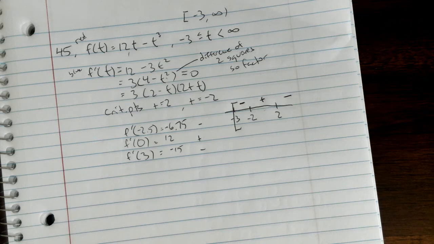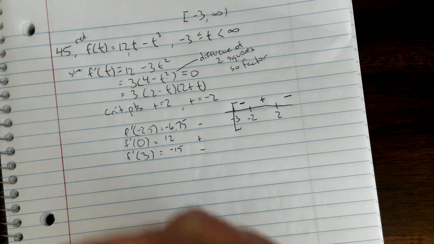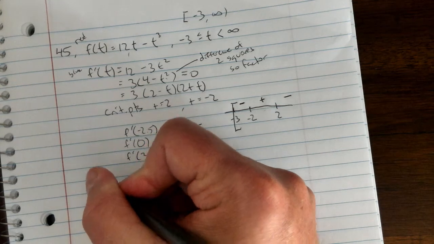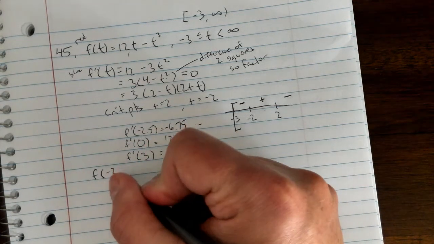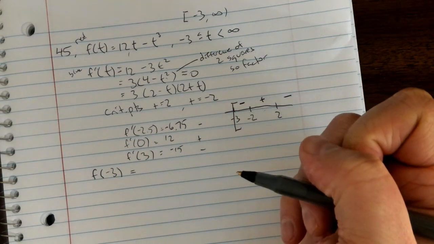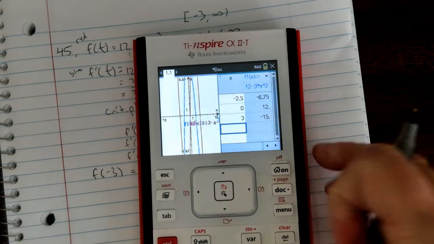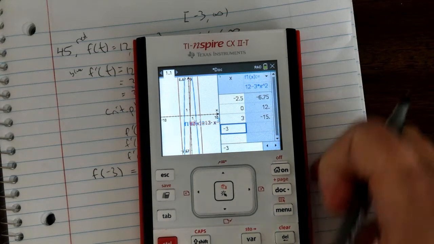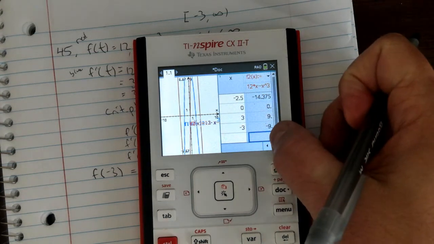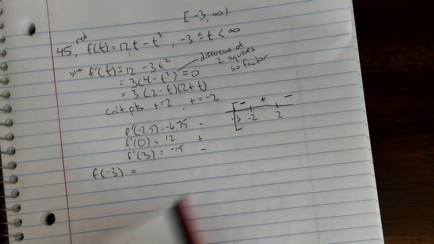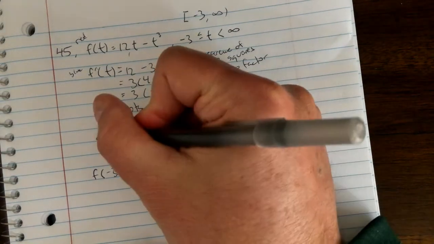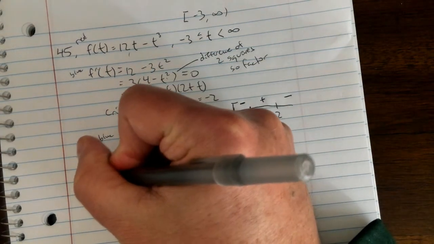And critical points. So the next thing is we need just f of negative 3. And so now if I put in negative 3 and go to the original, you get negative 9. So this was from the blue, this was from the red.